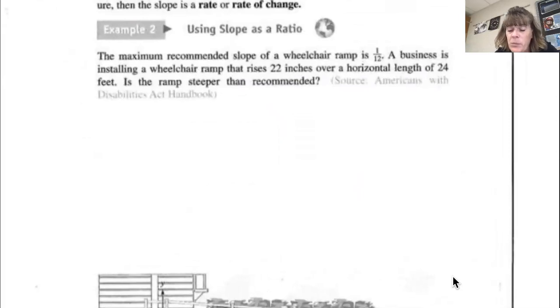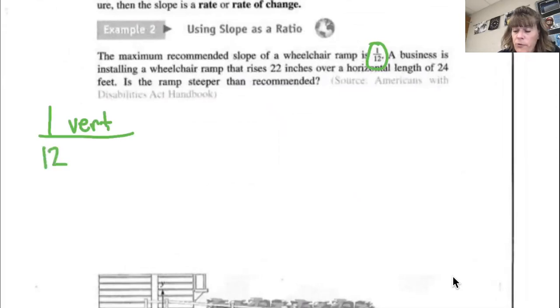Is the ramp steeper than recommended? This 1/12 means that for every vertical 1 foot, you have a horizontal 12 feet in order for this to not be too steep, so that a wheelchair would possibly have an accident.